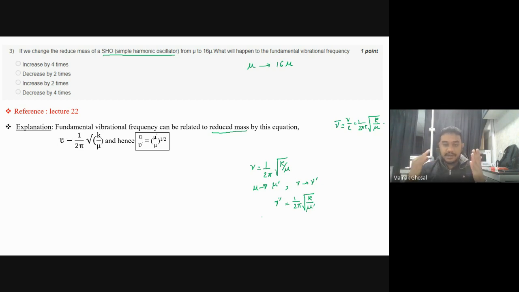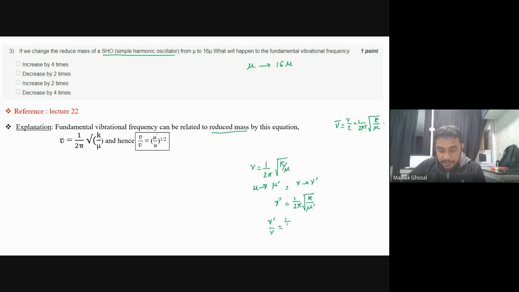Now I have to find what will happen to the fundamental vibrational frequency with respect to the original one. For this you need to find the ratio nu prime by nu. So what should be the ratio?